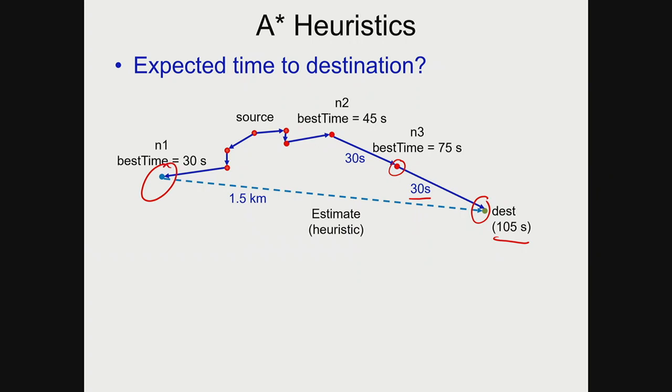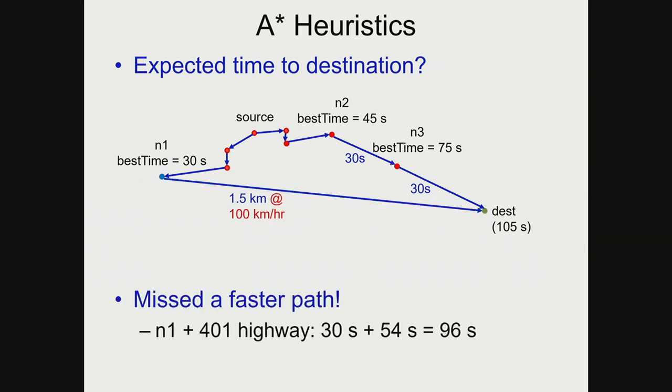Let's say N1 was going in the wrong direction, but it turns out it got onto a 401 on-ramp, and this destination is right on the edge of the 401. I had to go 1.5 kilometers, but I could do that at 100 kilometers an hour, and that only takes 54 seconds.